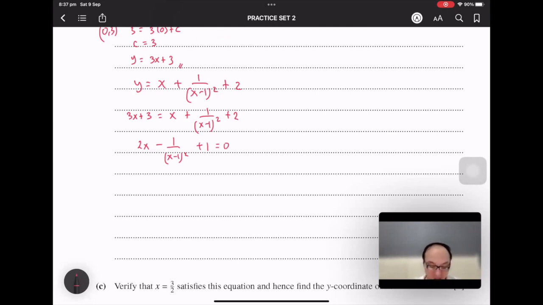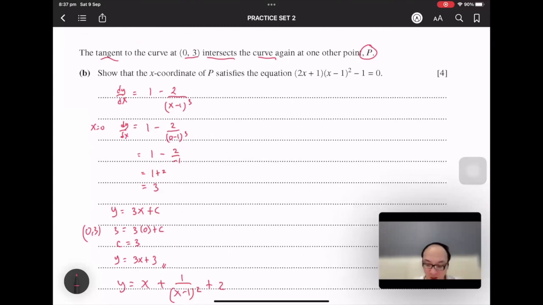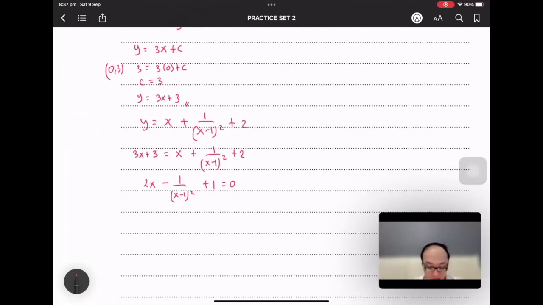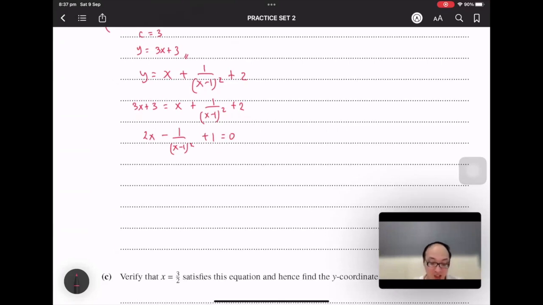And then we want to make it into this. So we can multiply it by (x - 1)^2. So 2x(x - 1)^2 - 1 + (x - 1)^2 = 0.